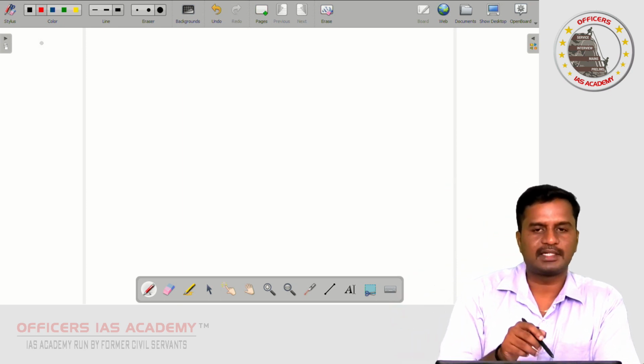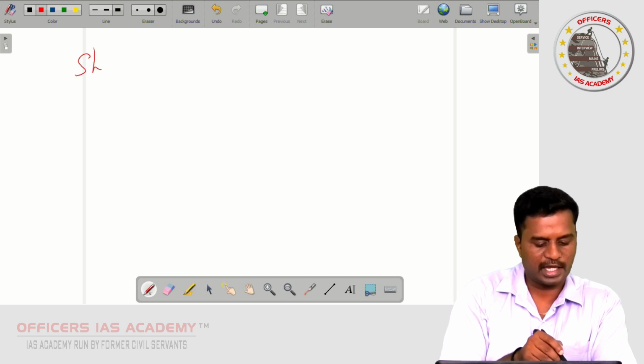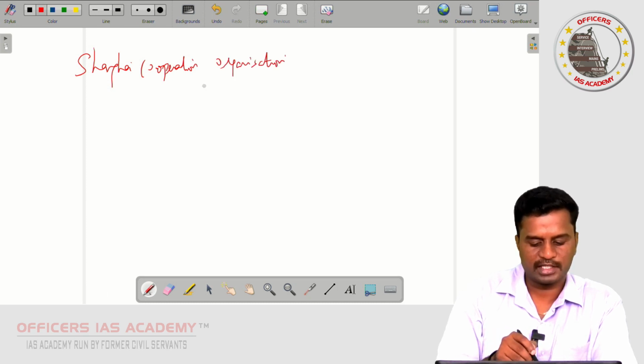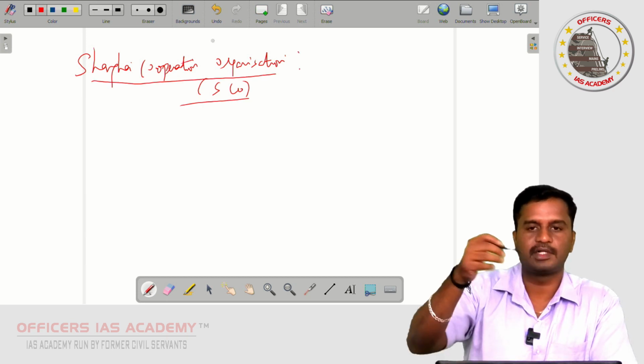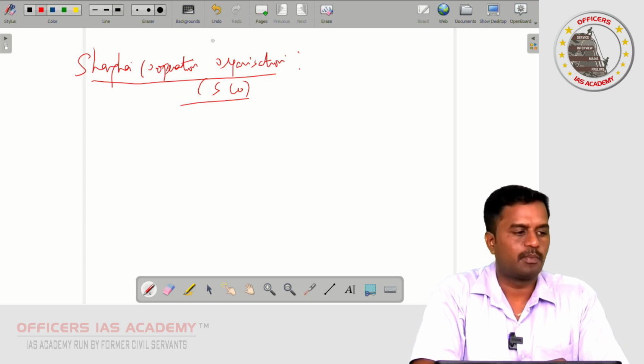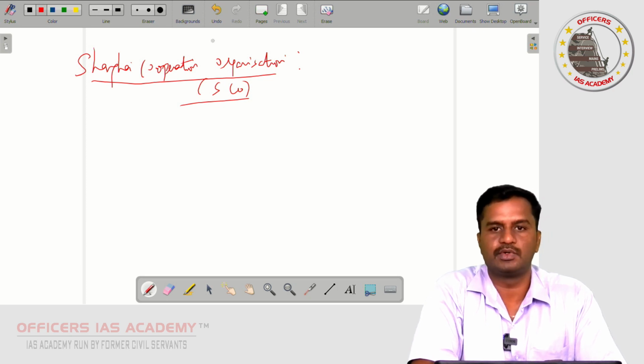So I can better structure the answer like this: Shanghai Cooperation Organization, SCO. It's the first heading, nothing but the introduction, the core. Next, in light of the above statement, point out the role of India in mitigating the problems. Now what is above? Virus of conflict is affecting SCO.